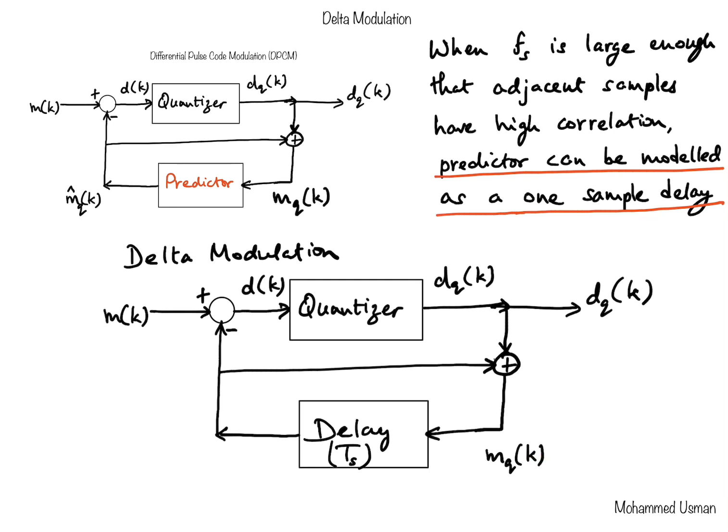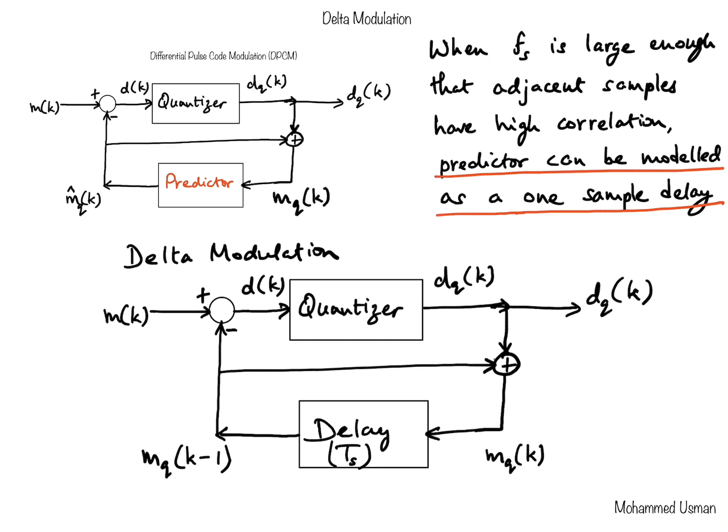So the output of the delay would simply be mq of k minus 1. That's the only change in the block diagram in comparison with the differential pulse code modulation block diagram for delta modulation.